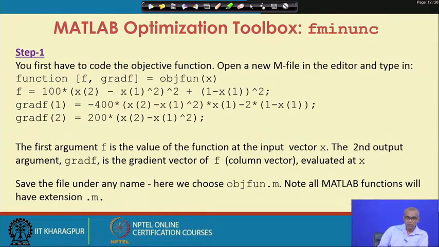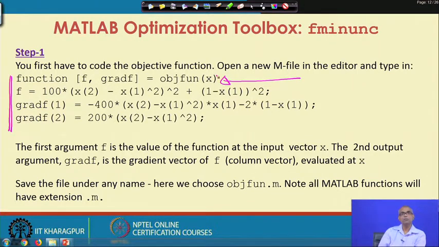So, in the first step you have to code the objective function. Open a new M file in the editor and type these lines. The first line is the definition of the function file.